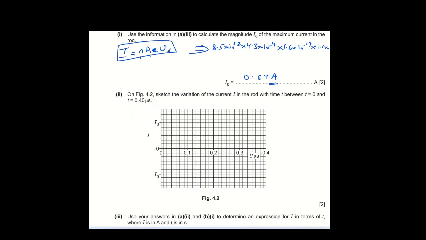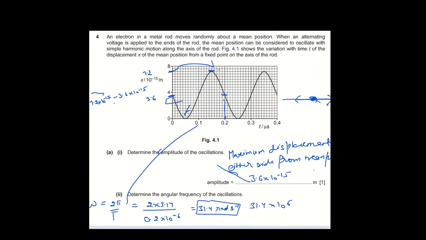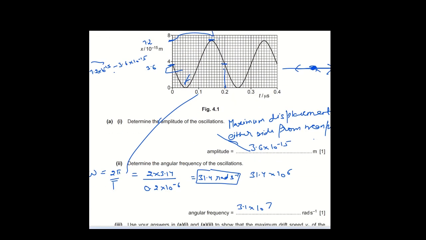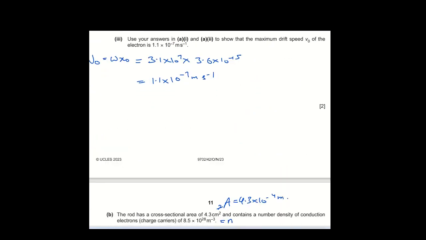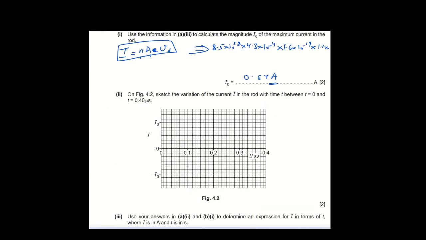Second part, we have to sketch the variation of current in the rod with time t between 0 and t is equal to 0.40. We have this displacement versus time graph here, and it is a sine curve, sine wave. And current here is related to vD.